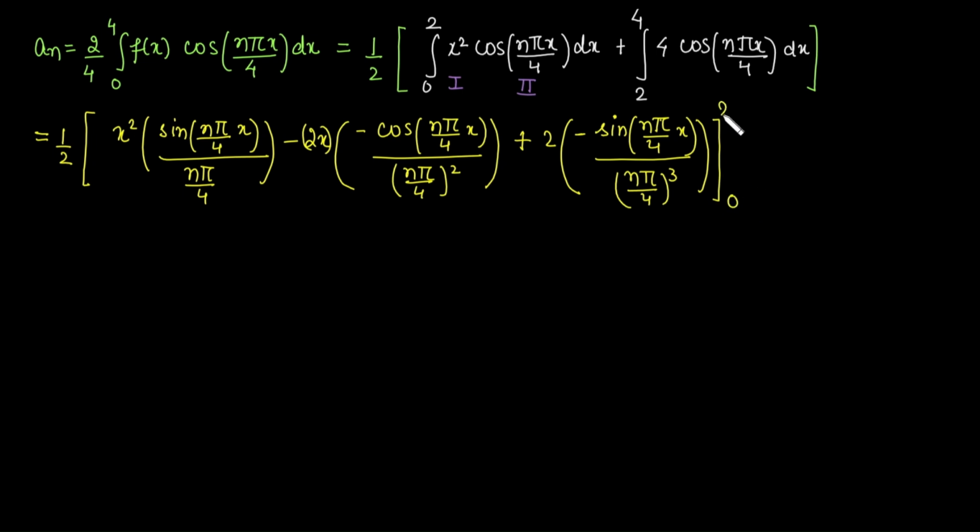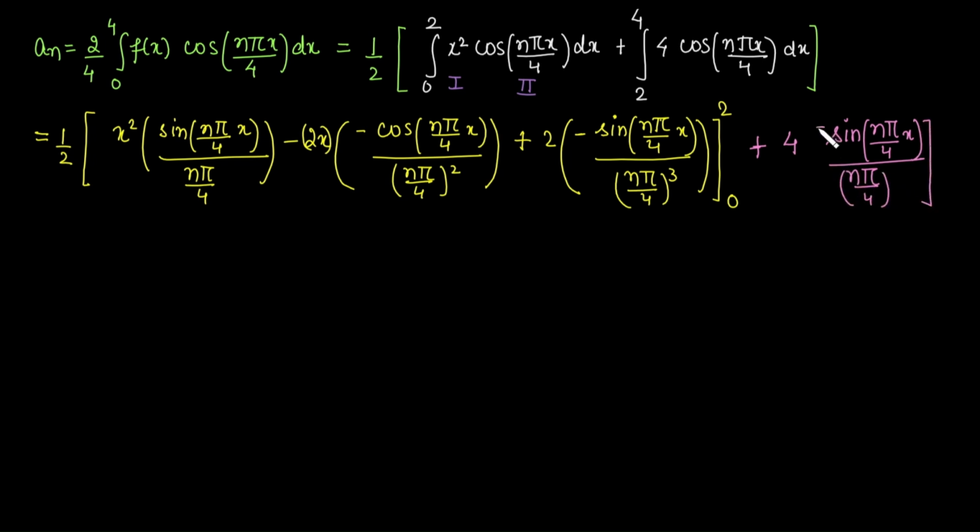Limits are 0 to 2 plus, now integration of this term, so this 4 is outside. Integration of cos, that is sine n pi by 4 into x divided by n pi by 4.